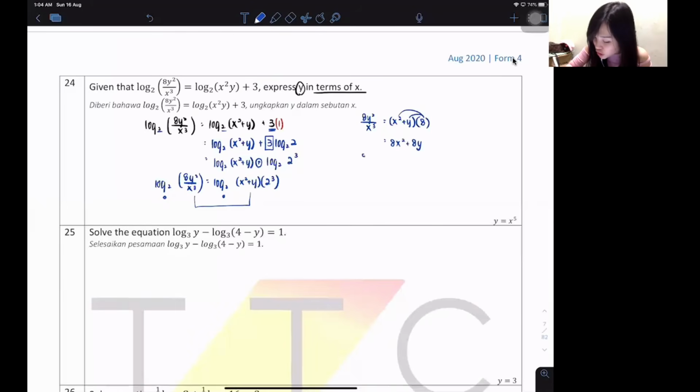Cannot. Okay, I write it out. I just want to be lazy, but better not. So, divide, move up is times? Isn't it x cubed times 8x squared plus 8y? Oh my God. I feel like some of you are trying to shout in front of the screen, telling me, teacher, you copied the question wrongly. I did until here and felt a bit weird.